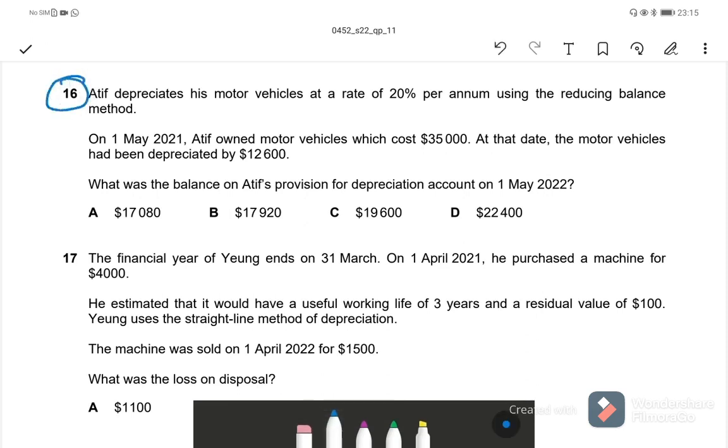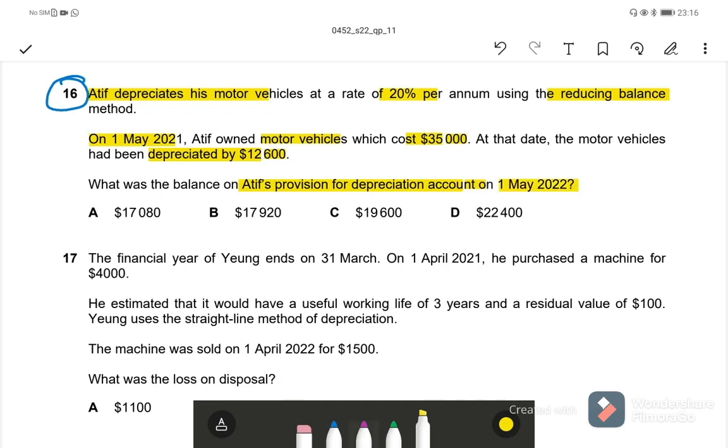Question number 16. Atif depreciates his motor vehicle at a rate of 20% using reducing balance method. On 1st May 2021, Atif's motor vehicle 35,000, depreciation 12,600. What was the balance on Atif's provision for depreciation account on 1st May 2022?